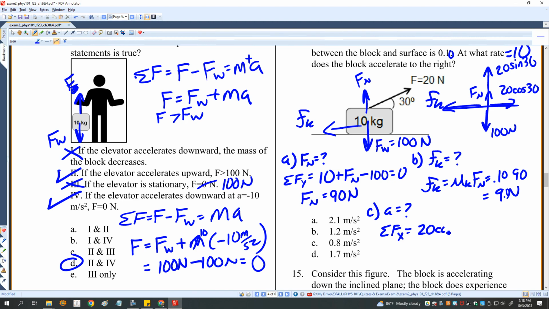It's 20 cosine of 30 minus Fk equals ma. 17 minus 9 equals the mass, which is 10, times the acceleration. 17 minus 9, that's 8 divided by 10. Should be 0.80. All right.